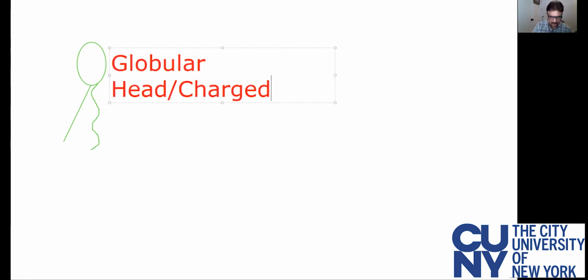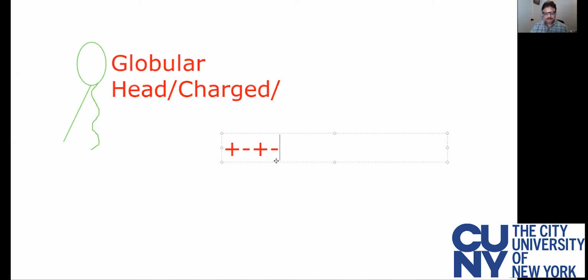Charge means they could be composed of positive and negative charges all over.